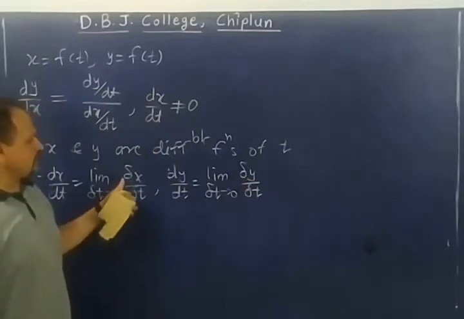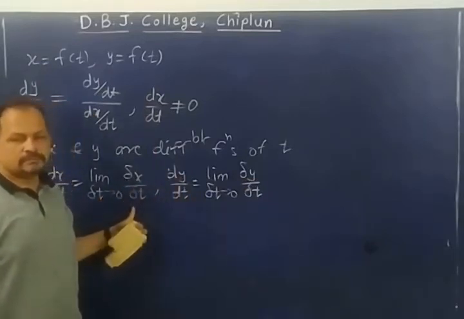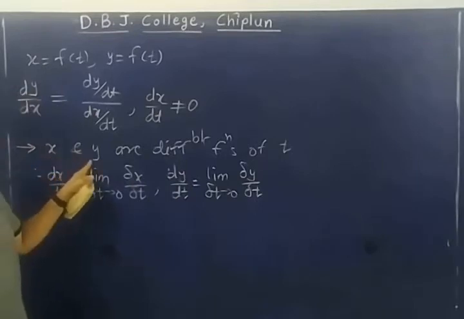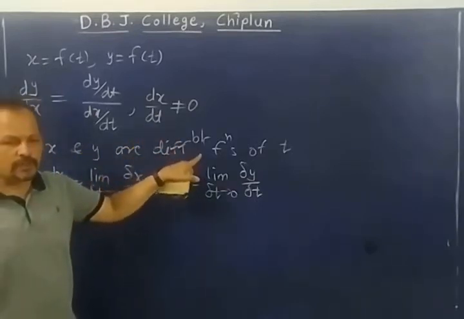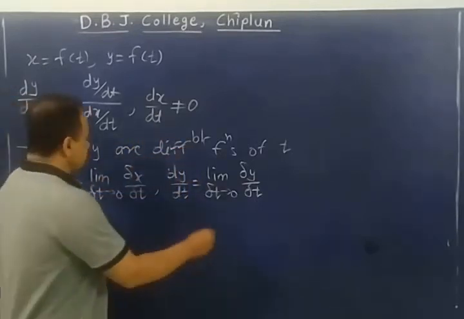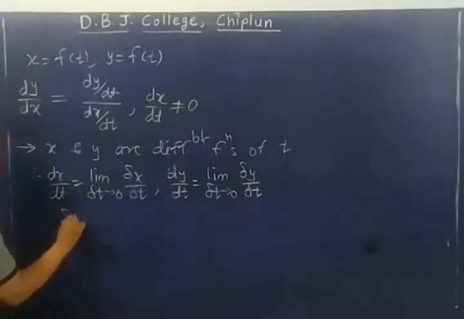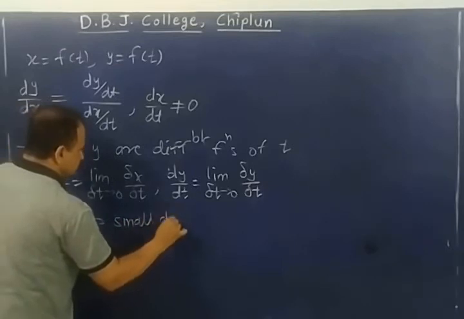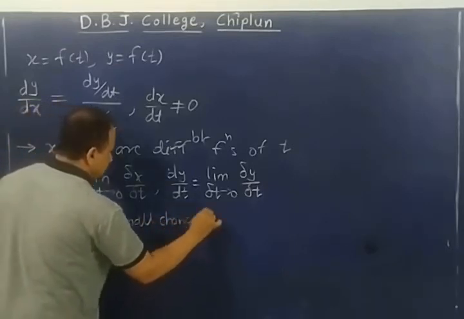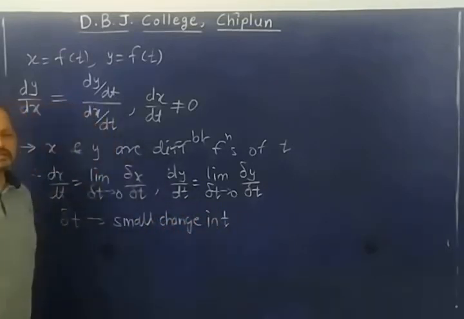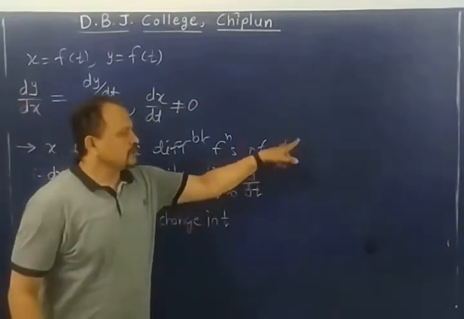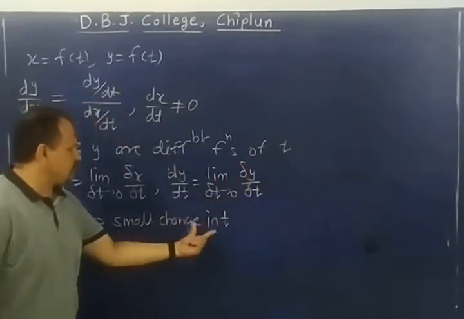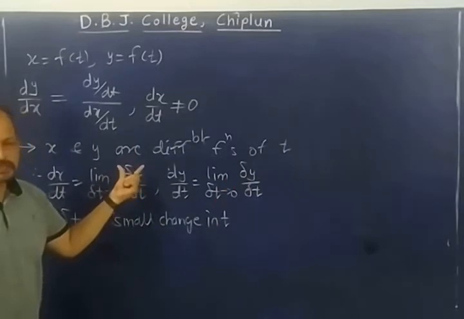What are delta x, delta y, delta t? x, y are differentiable functions of t. If there is a small change delta t, then corresponding to the change in t, x and y will change.